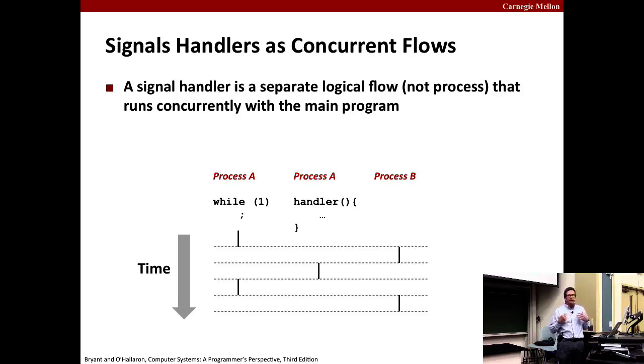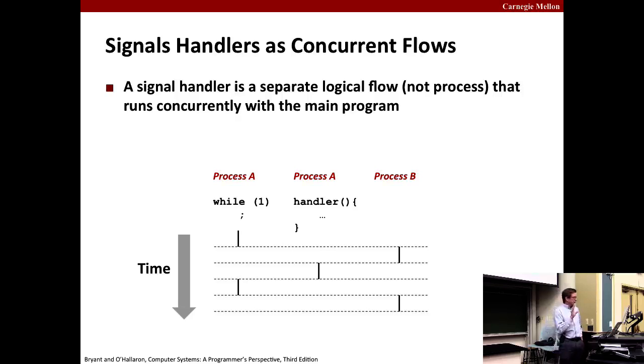So in some sense, processes are very easy to deal with. One process doesn't have to worry about being interfered with by another process. In fact, you have to go to great lengths to share things between processes. You have to use specific system calls in order to, say, share memory between two processes.